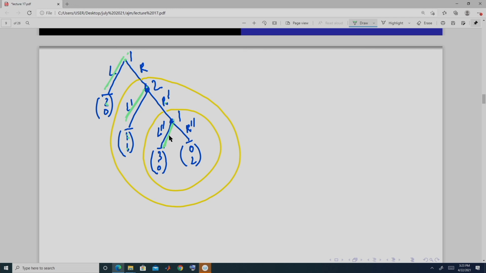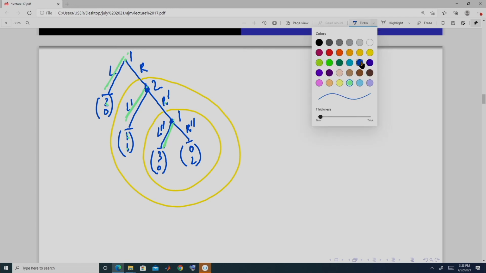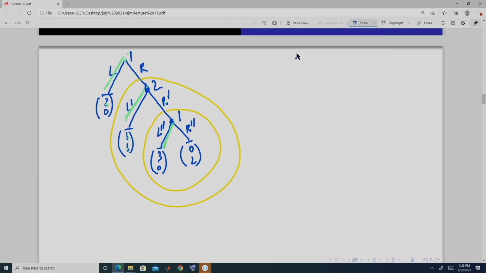Okay. Let us take another example. So, this example is a slightly bigger game. It is played between 3 players.